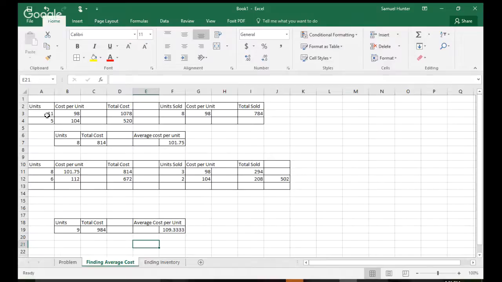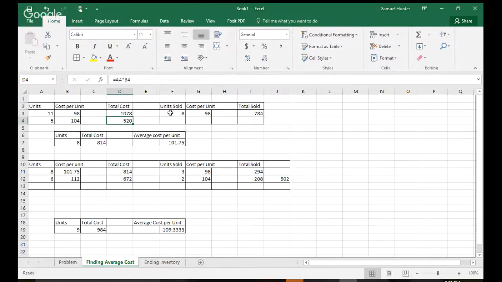So at 11 units from the first purchase at $98 per unit, the total cost of 11 times 98 is 1,078. And then the second purchase that we made was 5 units at $104 per unit, which is 520 total cost.